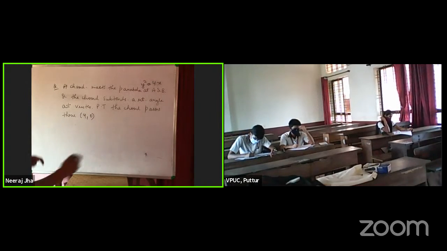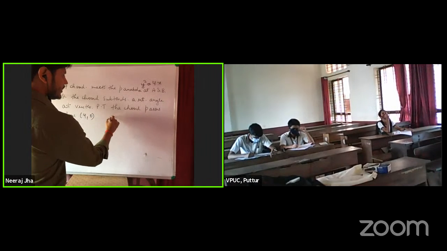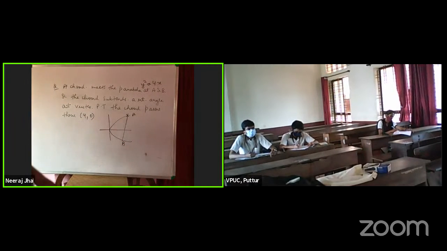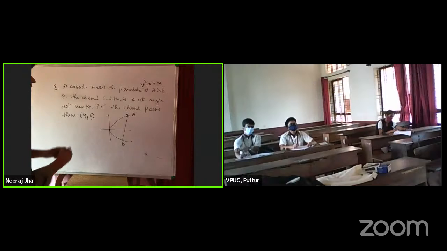I'll explain the question basically. The question is saying you have the parabola y square is equal to 4x, and this is the point A. This is the chord intersecting the parabola at A and B. And now this chord is making a right angle at the vertex.